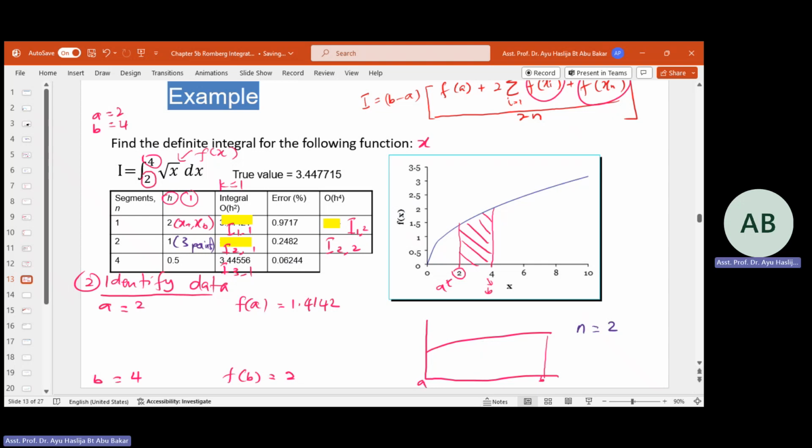How to find the third point? We need the middle point, correct? Remember, two segments. So we need this middle point.